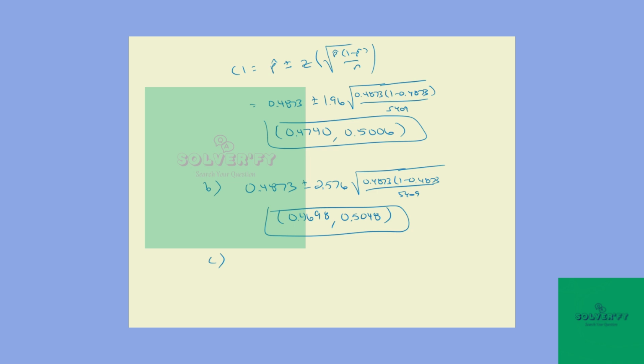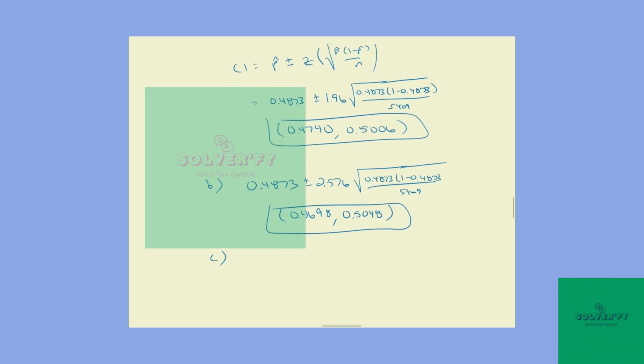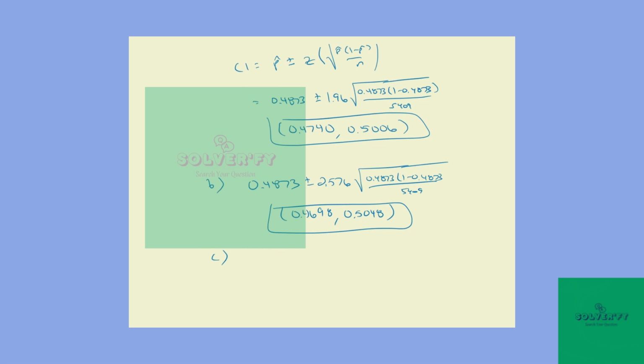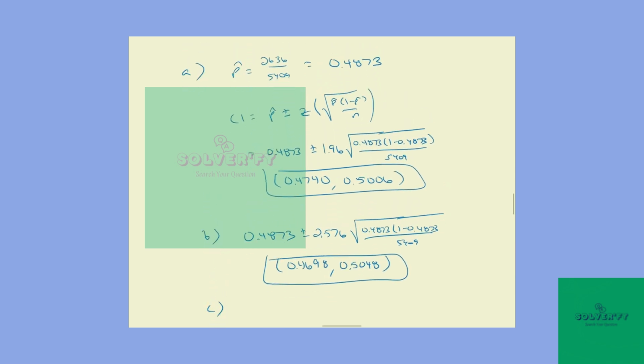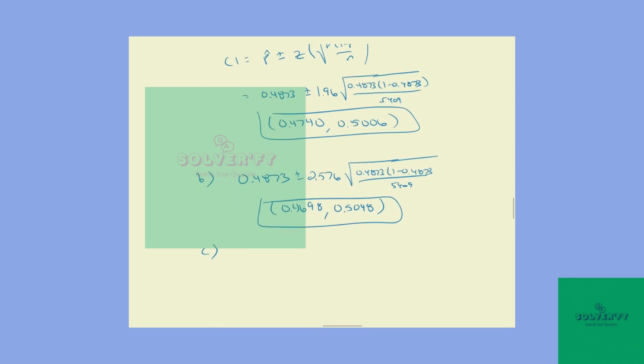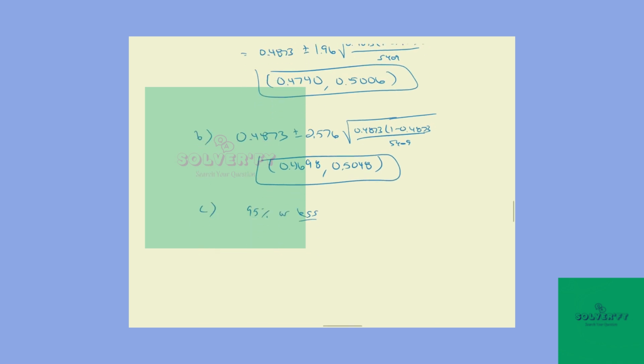Well, according to the intervals, it's really close to the 95%, and I'm wondering if my rounding is a little too precise. Because of the 2 choices, they could make that claim with 95% or less, and it really would be less technically because it's just at the 0.5 practically.